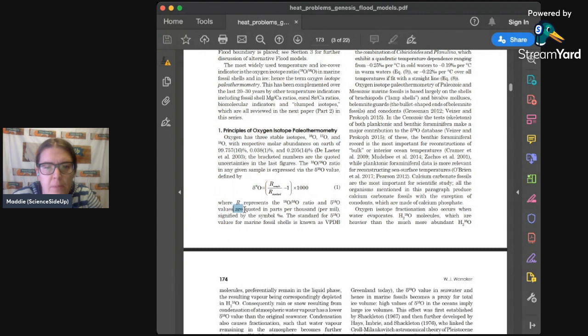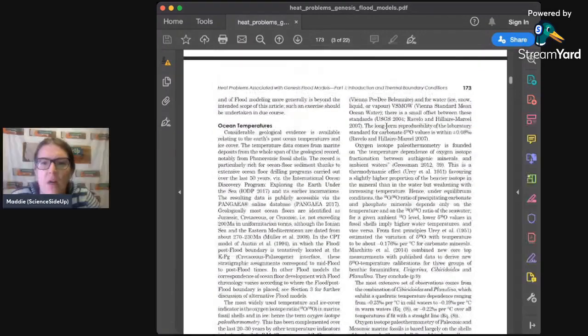It's quoted in parts per thousand, or per mil, signified by the per mil symbol. The standard for that value for marine fossil shells is known as the VPDB. That's a terrible acronym. I hate it. Vienna PD belemnite for carbonate, and VSMOW, Vienna Standard Mean Ocean Water, for water.